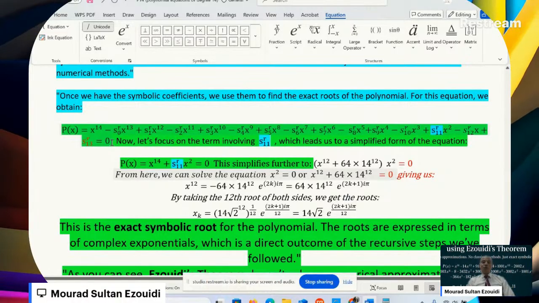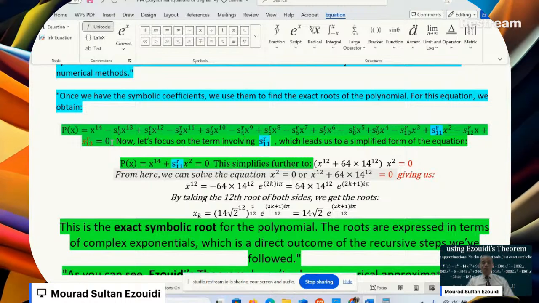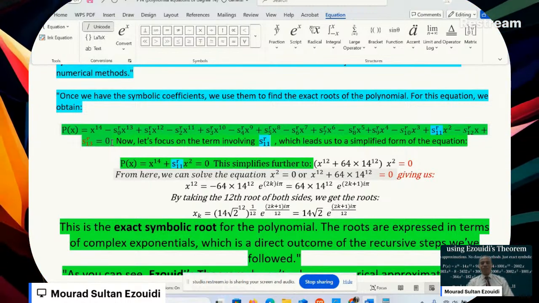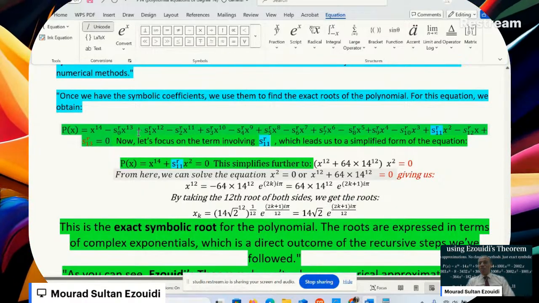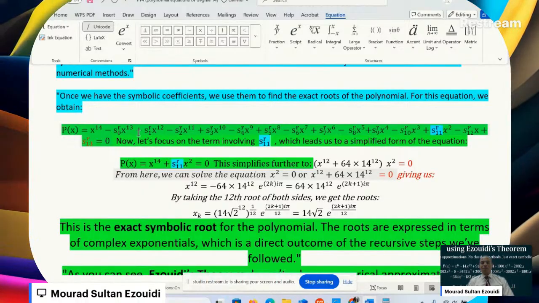As we found these new coefficients of this new 14th degree equation, now let's focus on the terms involving S11, which leads us to the simplified form of the equation.